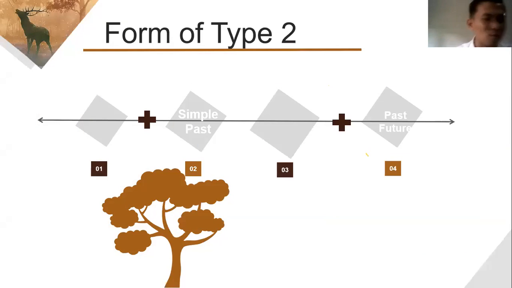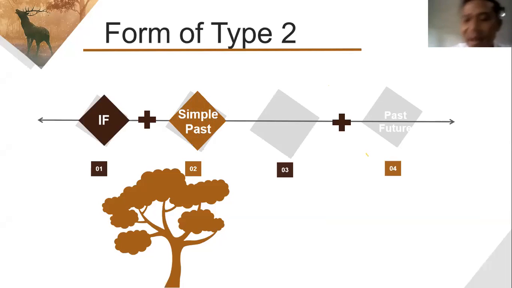What is the formula? So how do we construct a conditional sentence type 2? First, you have to use if. Your sentence starts with if, and after if, simple past tense. I believe you know simple past tense.